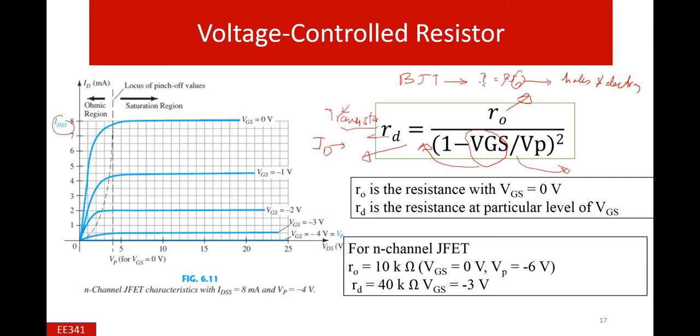This ID current is controlled with the variation of the voltage, and in this case only one type of carrier is contributing.